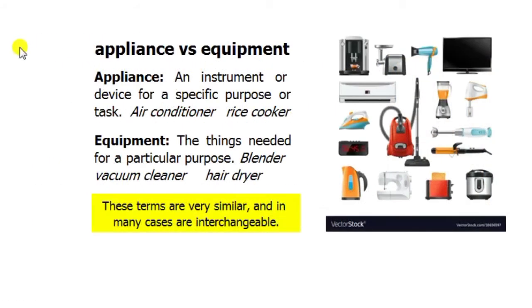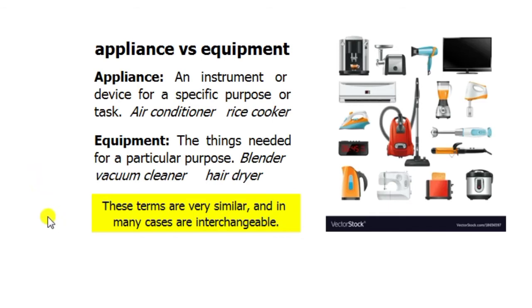So, when do we use appliance and when do we use equipment? In my mind, an appliance is an instrument or device for a specific purpose or task, something like an air conditioner or a rice cooker. Equipment are the things needed for a particular purpose, like a food blender, a vacuum cleaner, a hair dryer, and so on.